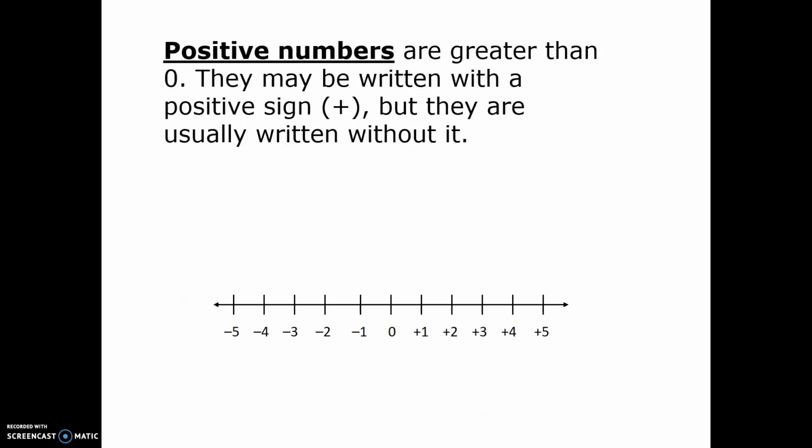Okay, so we said that integers are made up of these numbers called positive numbers. Now, those are the numbers you've been dealing with your entire life, your entire math career up until now. If you'll notice on the number line, I put a little plus sign in front of it. That is because we can write positive numbers with the plus sign.